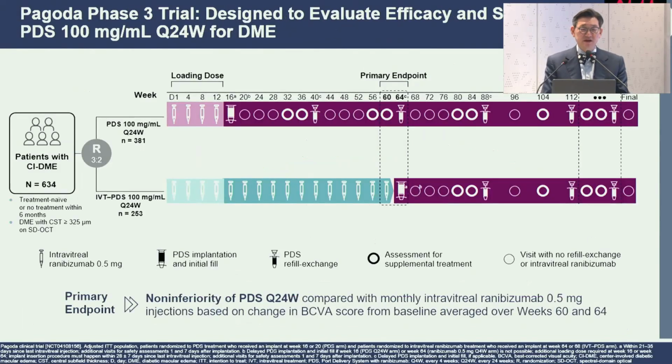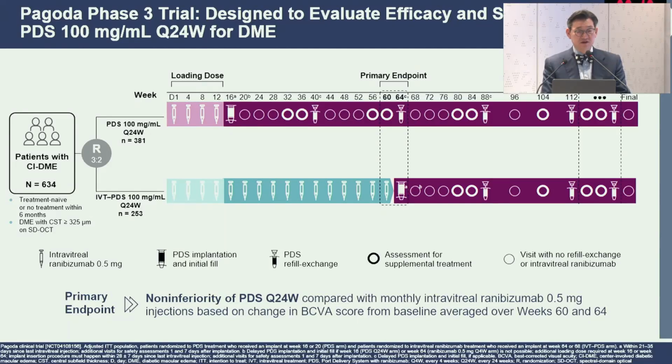So this is the phase 3 Pagoda trial, insertion of a port delivery device filled with a special formulation of ranibizumab and Q24 administration for DME. The patients with DME were randomized to 2 groups.